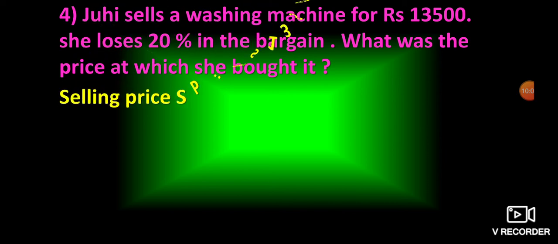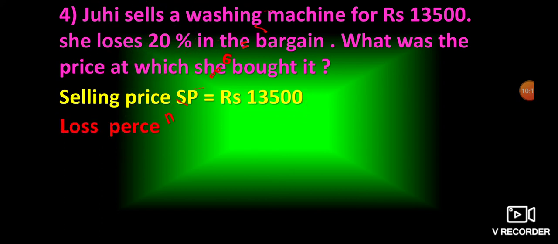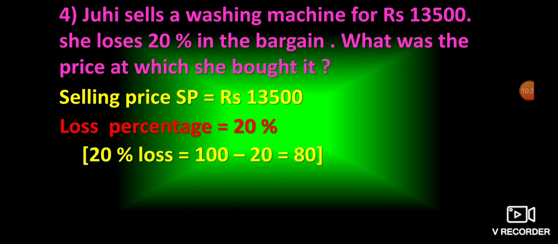You listen very carefully. Selling price equal to 13,500. Loss percentage equal to 20 percentage. Then 20 percentage loss means, we know total 100 percentage, so 100 minus 20 equal to 80.